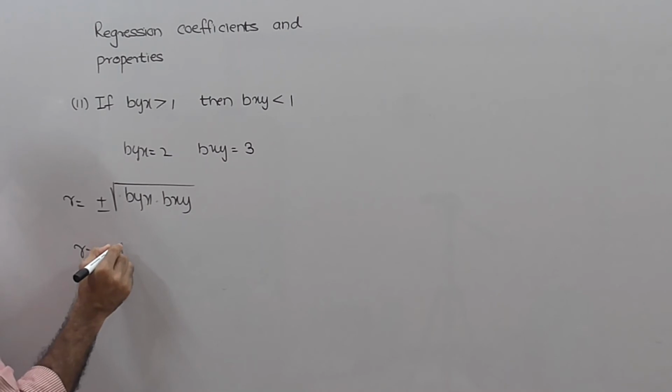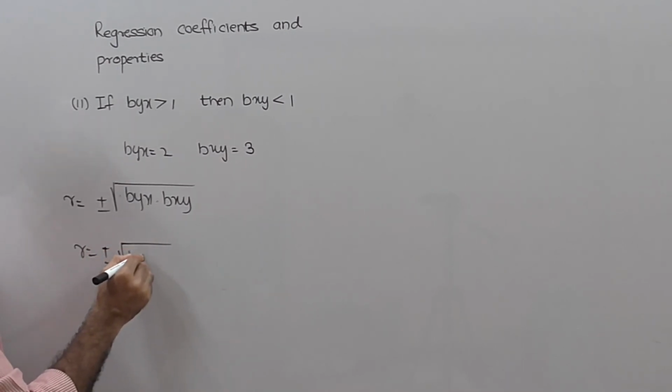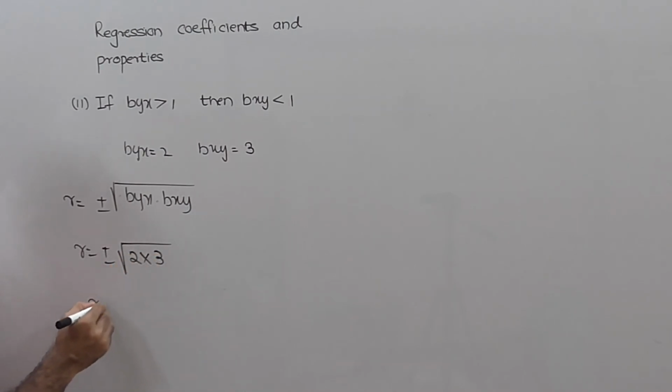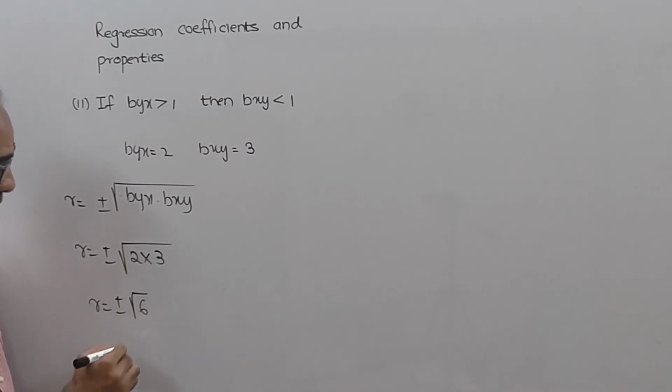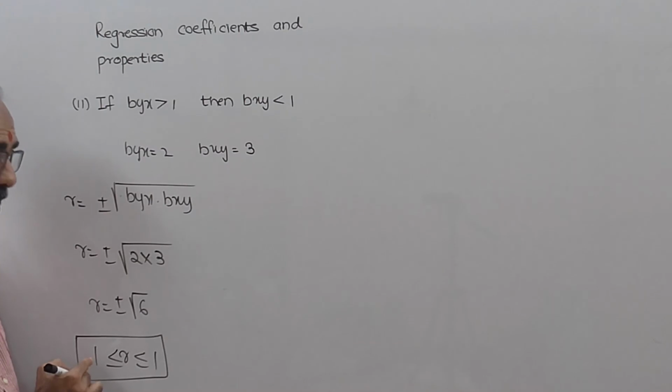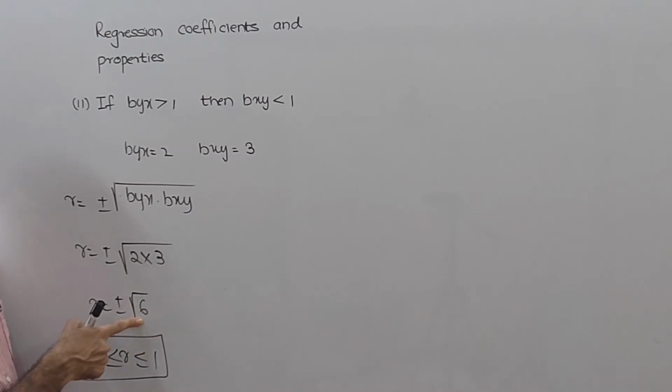So r will be plus or minus root of 6, and root of 6 is definitely more than 1. But the value of r always lies in the range of minus 1 and plus 1. r is a correlation coefficient which lies between minus 1 and plus 1. Root of 6 is approximately 2.3, so it will definitely not lie in the range of minus 1 and plus 1.